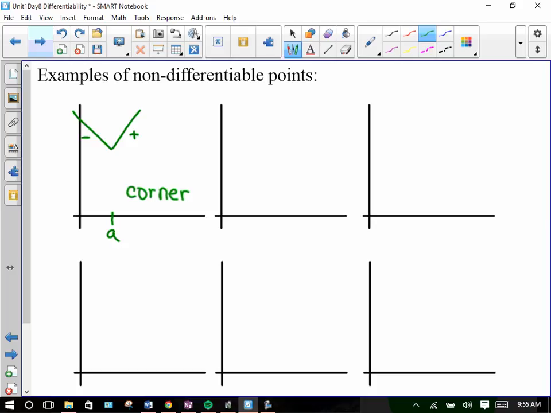What that's going to look like is something like that. We call this a cusp. Again, you can definitely see that the slope on the left is not going to be equal to the slope on the right. You have one where it's positive and one where it's negative.